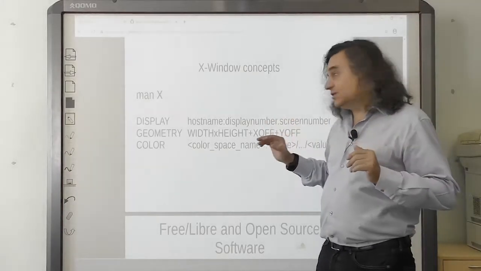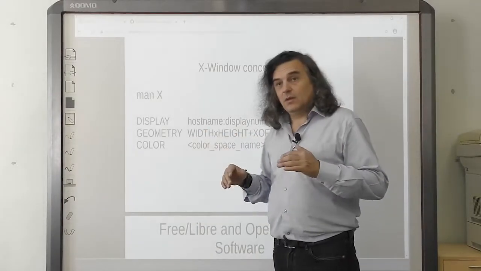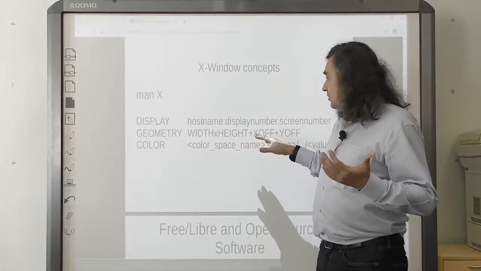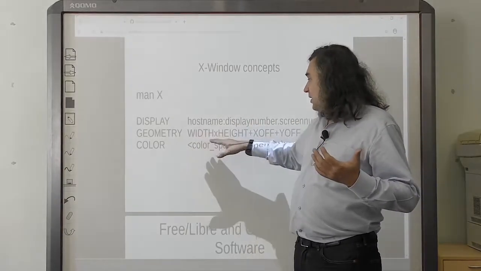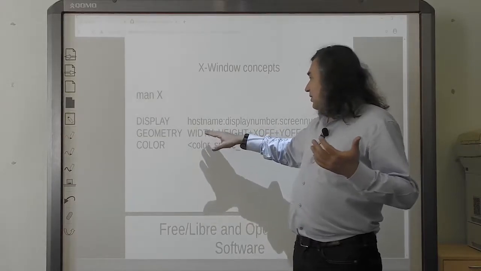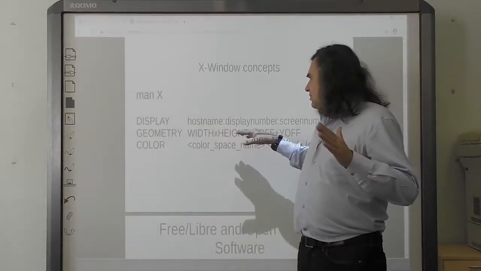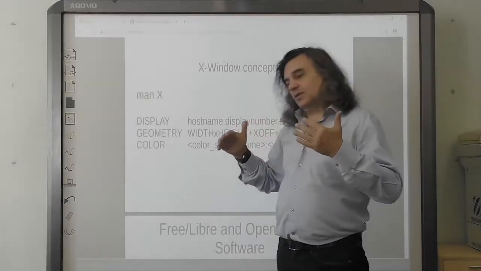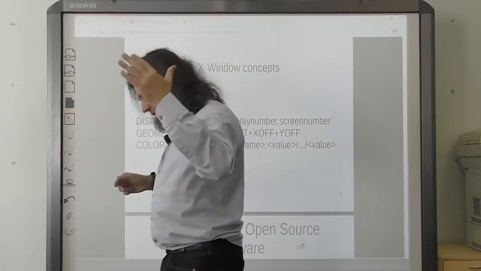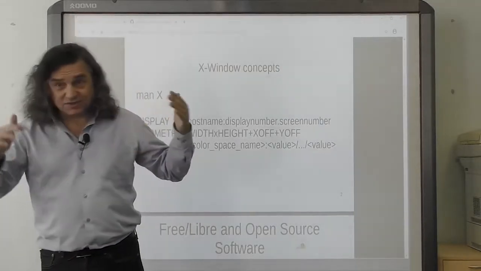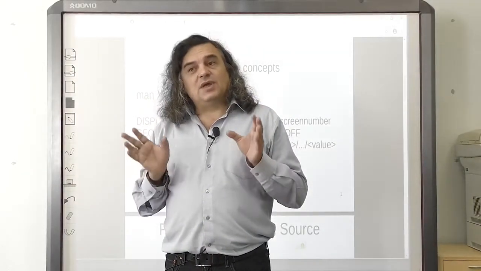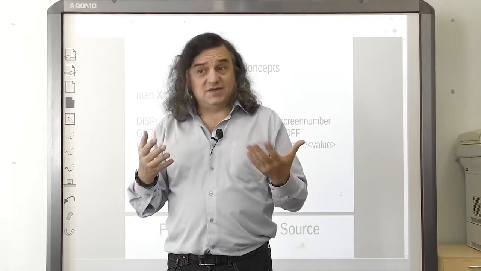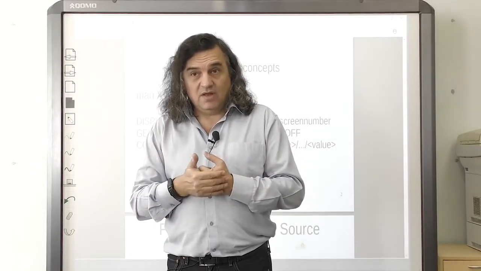Another important thing is geometry. Geometry we can set by setting the width, height, and shift along the X and Y axes. With these parameters, we can set the position and size of an application window.